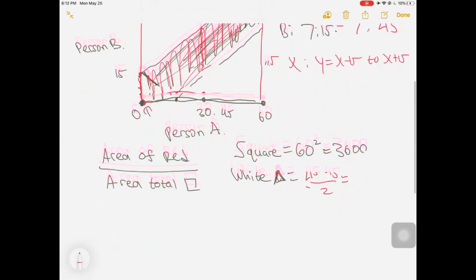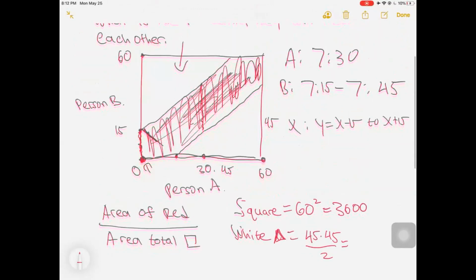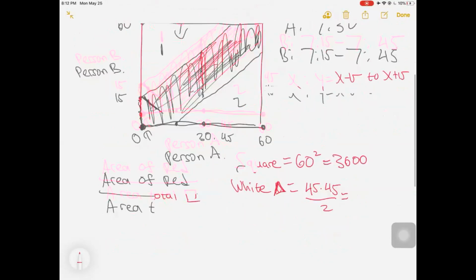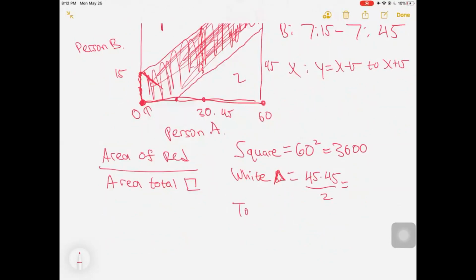But since there are 2 white triangles, the total white triangle area is just 45 times 45.